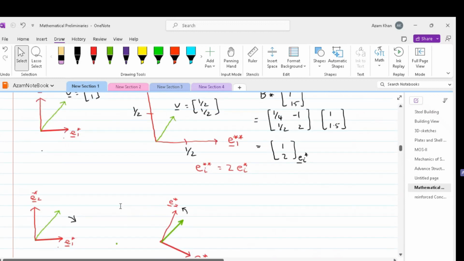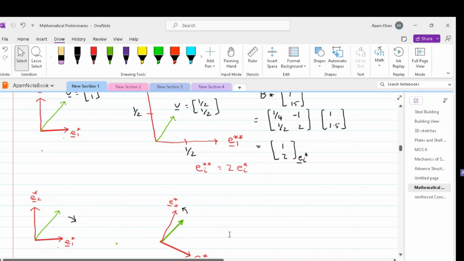Similarly, if we rotate our basis e1 star, e2 star, we see that the vector actually rotates in the opposite direction. So if e1 star, e2 star is rotated clockwise, the vector seems to be rotated counterclockwise and coming close to e2 star. Initially there was some distance between the vector and e2 star.